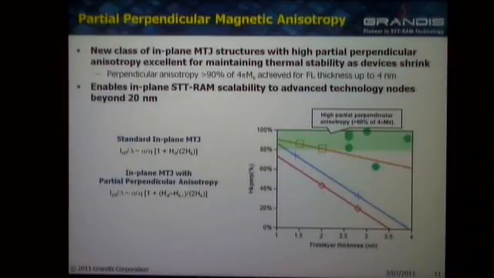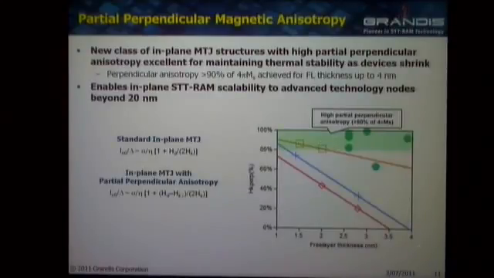And so you can reduce the energy barrier for the switching substantially, while still maintaining the thermal stability at rest. So what this graph is showing is the amount of this partial perpendicular anisotropy as a percentage of HD, for different free layer thicknesses.